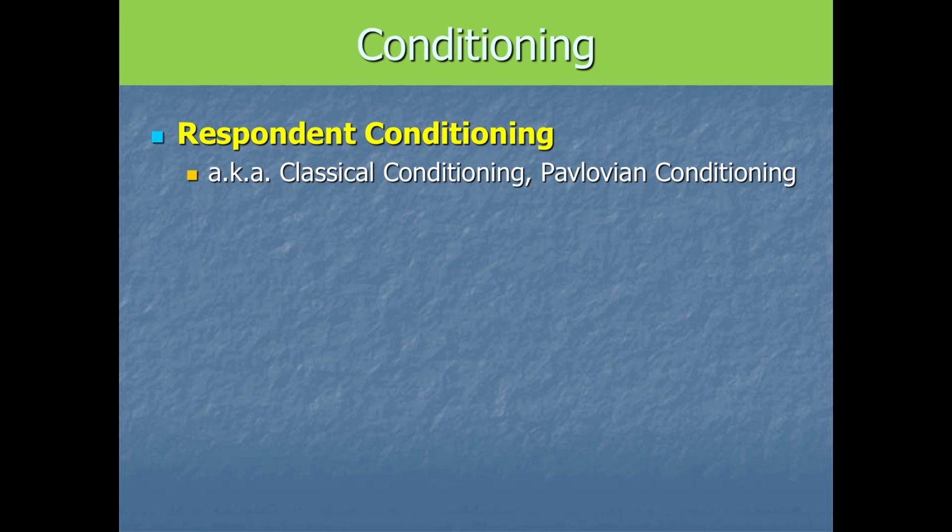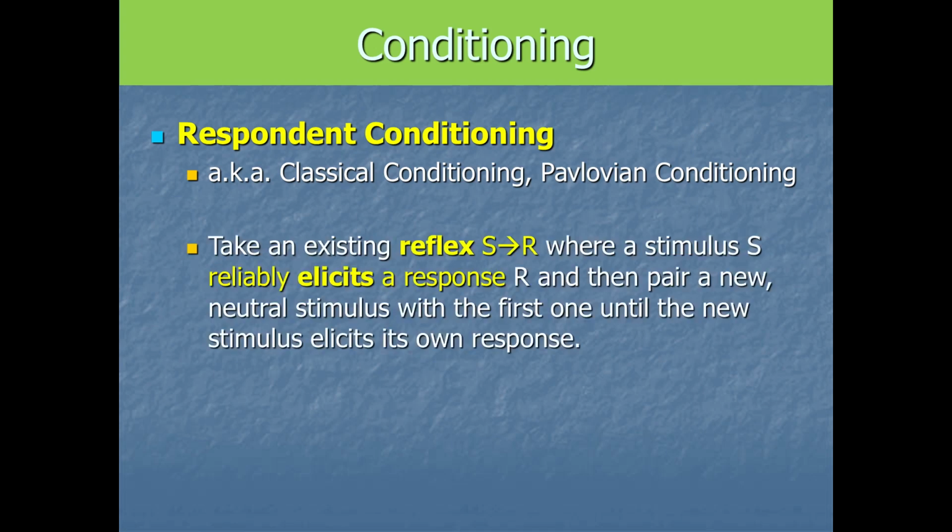For example, the first type of conditioning that we'll dive into, the big topic following these introductory videos, is what we call respondent conditioning. This is the same thing as classical conditioning, or you may have heard it called Pavlovian conditioning after Ivan Pavlov. They are all talking about the same process. That process goes like this.